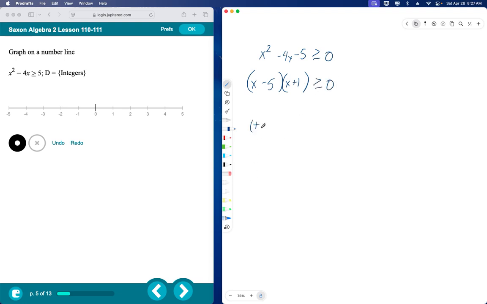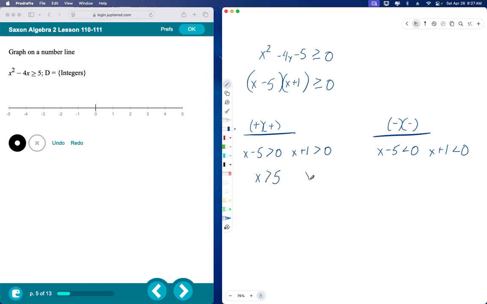So positive times positive would be x minus 5 greater than 0, x plus 1 greater than 0. Negative, negative, x minus 5 less than 0, x plus 1 less than 0. X is greater than 5, x is greater than negative 1, x is less than 5, x is less than negative 1. Let's test the 5s, see if it's greater than or less than.